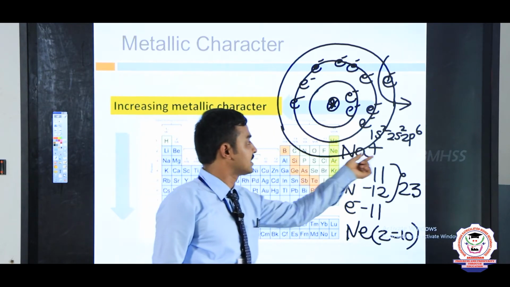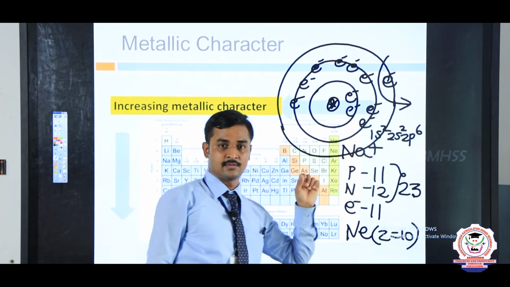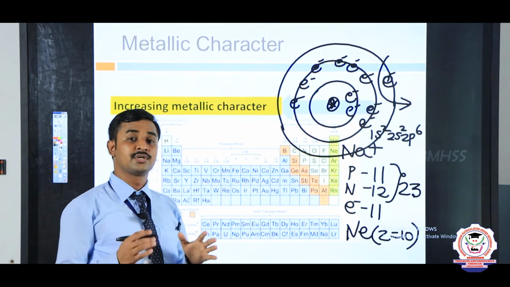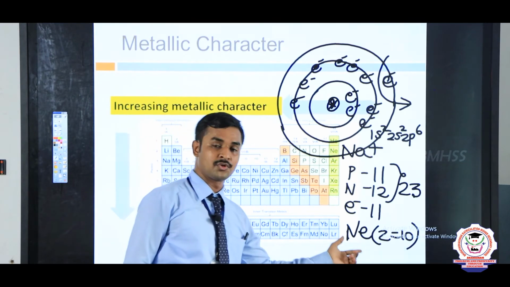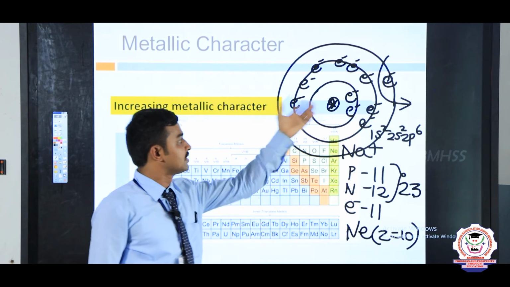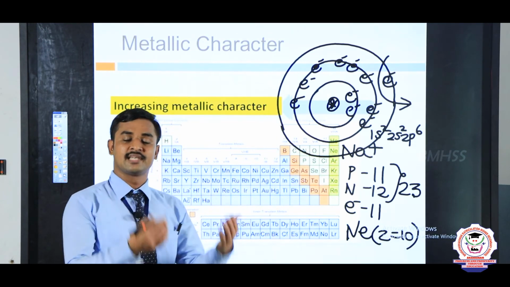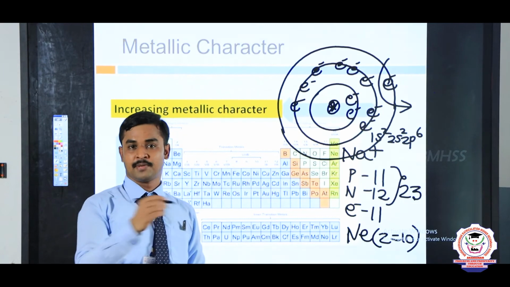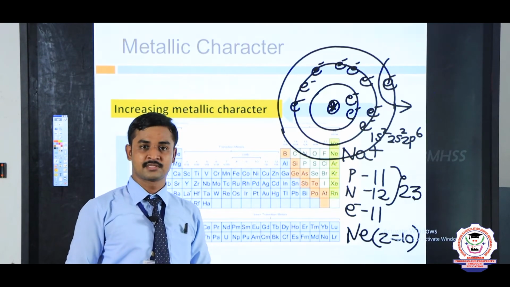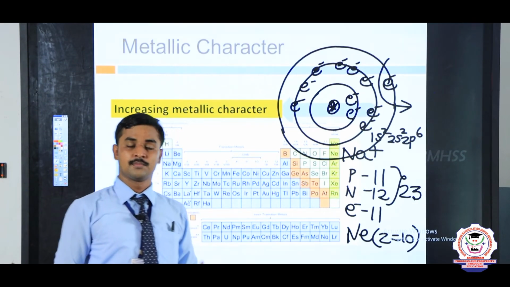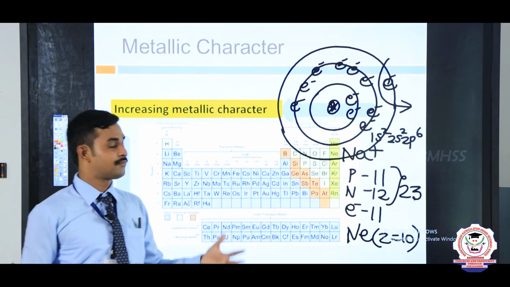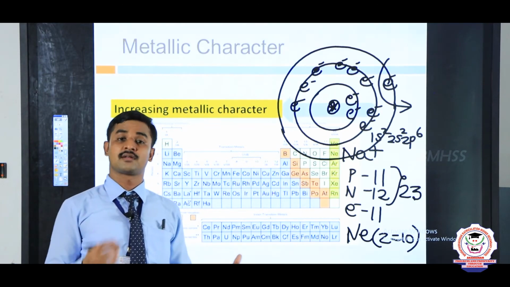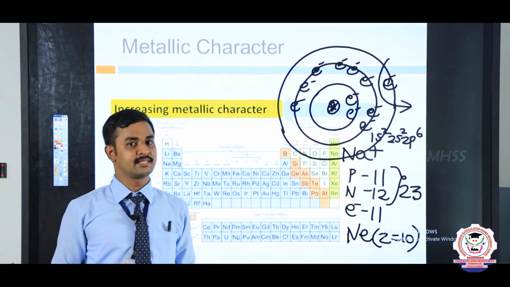Whenever the metal donates an electron, it can form Na plus. Why are they donating electrons? To get stabilization like the noble gases. So, this property, donating the electrons, is the metallic character of the atoms. In the p block, a large number of atoms contain the metallic character because they have high effective nuclear charge and they have the property of donating the electrons.